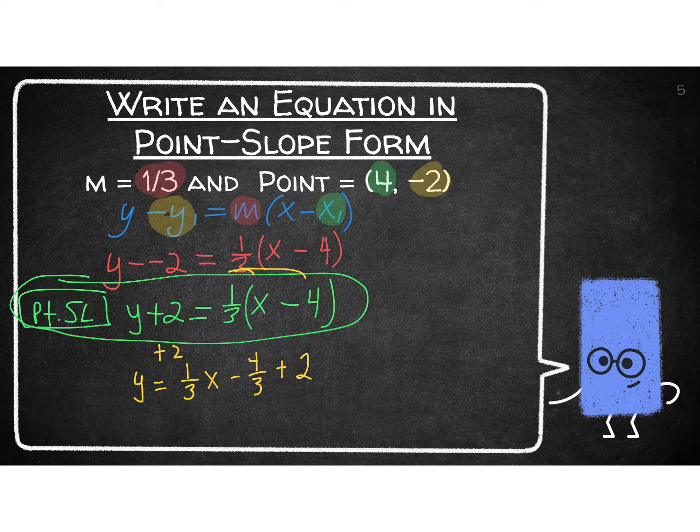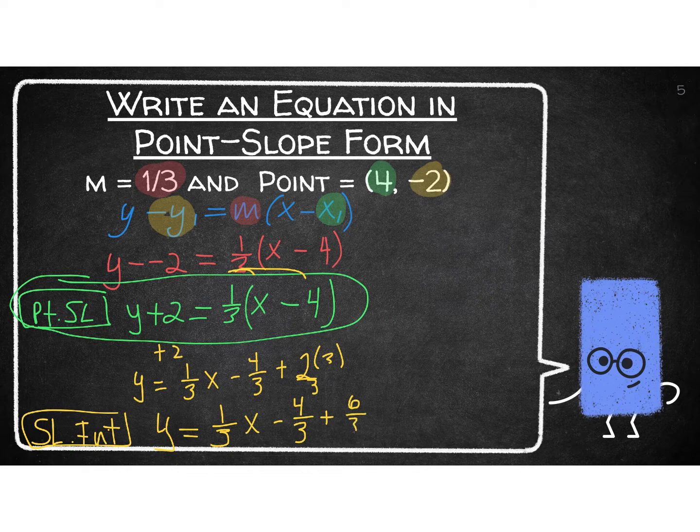Okay, so now I have to simplify that for slope-intercept form. y equals 1/3 x minus 4/3, and then I need to figure out a common denominator, which would be 3. So that gives me 6/3. So I'm actually adding -4/3 plus 6/3 to give me y equals 1/3 x plus 2/3. So that is your slope-intercept form.